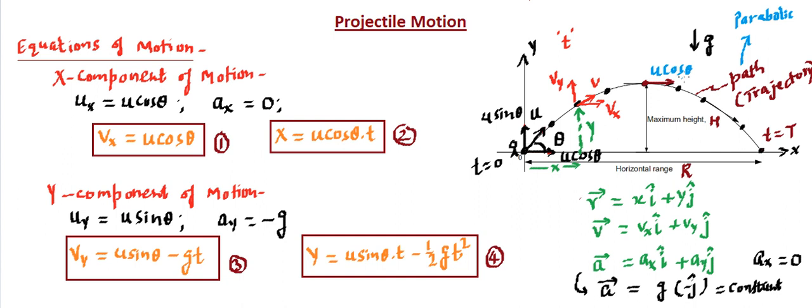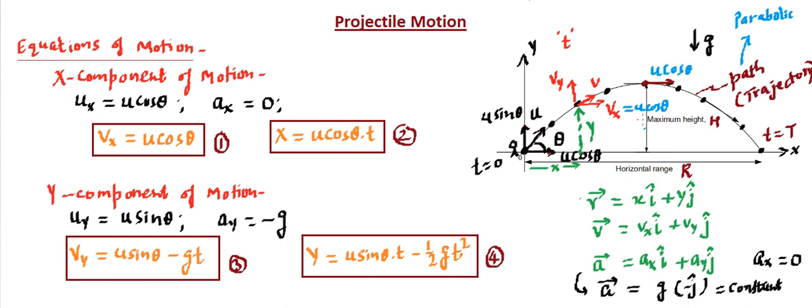Hence, we got one important point: the velocity of the projectile at the highest point is in the horizontal direction and is equal to u cos theta. At any position, Vx is also going to be u cos theta. That means the horizontal component of velocity is always u cos theta in this particular motion.